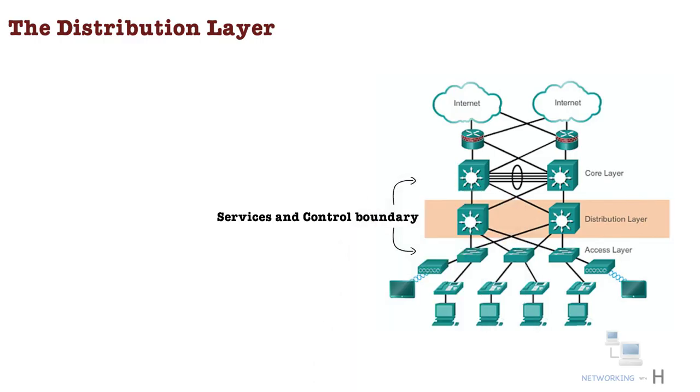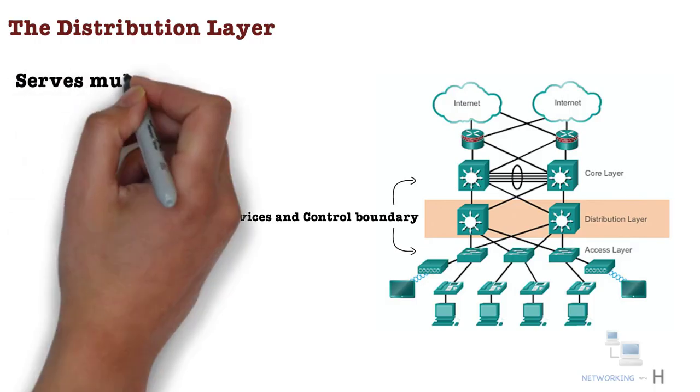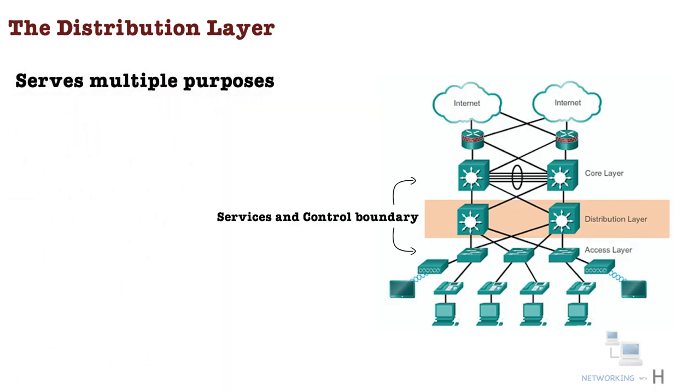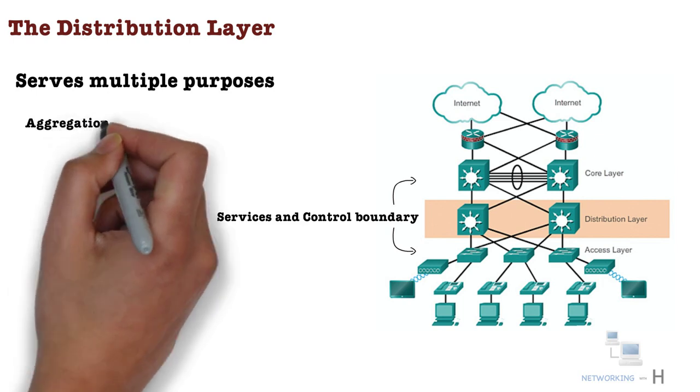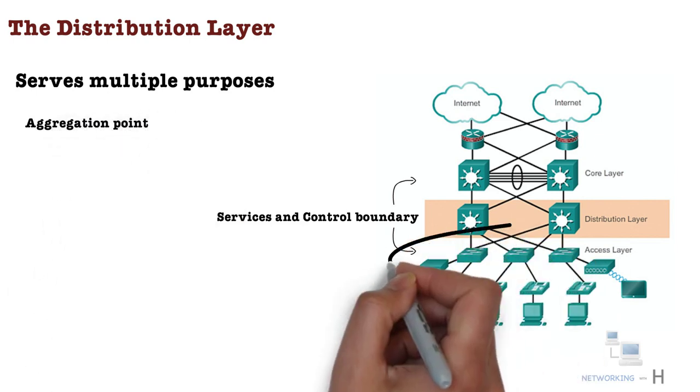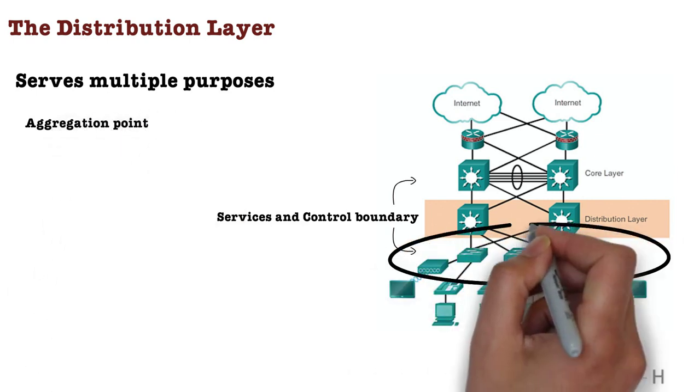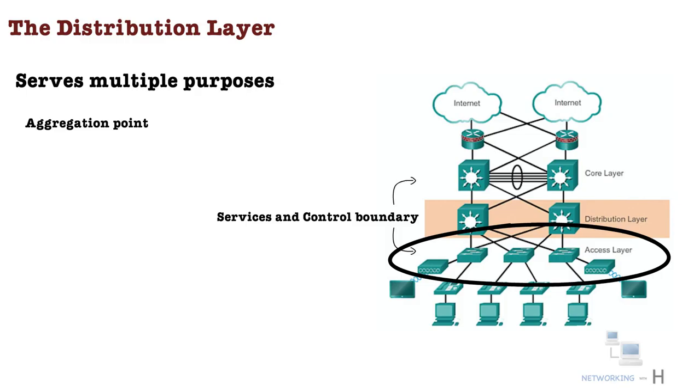The distribution layer, on the other hand, serves multiple purposes. It is an aggregation point for all the access switches and acts as an integral member of the access distribution block, providing connectivity and policy services for traffic flows within the access distribution block. The distribution layer aggregates the data received from the access layer switches before it is transmitted to the core layer for routing to its final destination.